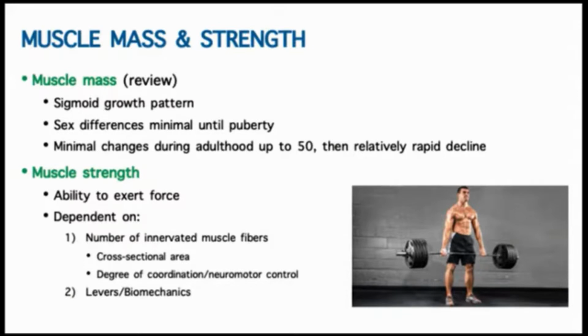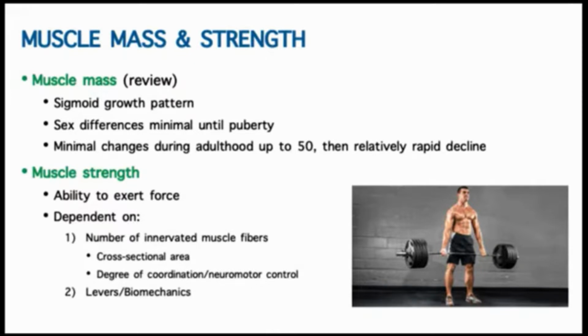So, the reason is that muscle strength is dependent on a couple of factors, okay? Again, strength is our ability to exert force. We know that our muscle tissue would not be able to be activated unless it had a nervous supply.